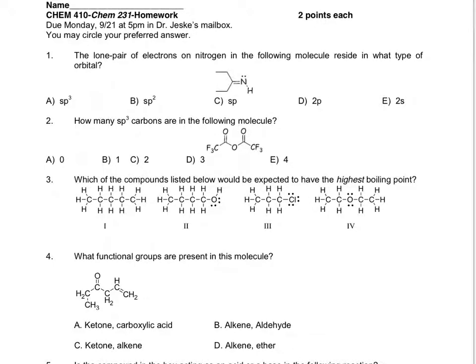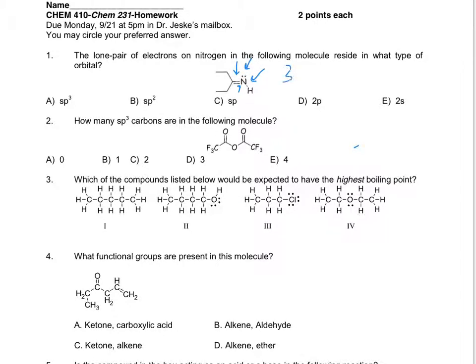This is the homework for the 231 portion of Chemistry 410. The first question asks us about orbitals and where the lone pair here resides. And so we're going to look at this nitrogen, and it has a double bond to the left, an NH bond to the lower right, and the lone pair.